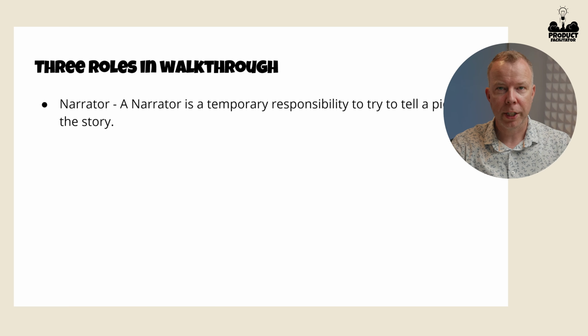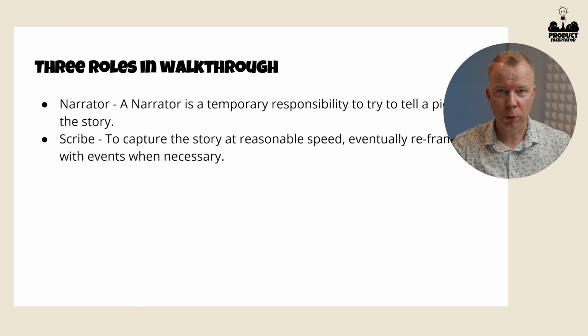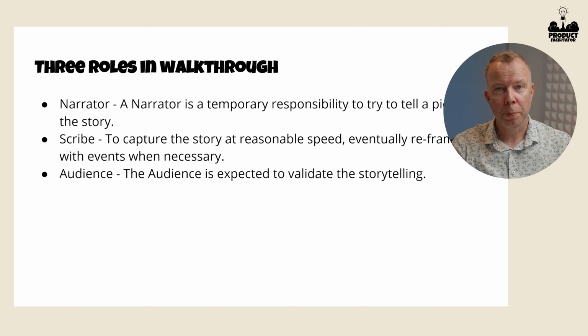The narrator is temporarily responsible to tell the story in the right way. The scribe is catching all the details, and the rest of the participants is seen as the audience, which has a validating role. Sometimes it's not possible to discuss all the frames in your business process. You have to choose the business process which has the most value at the moment.